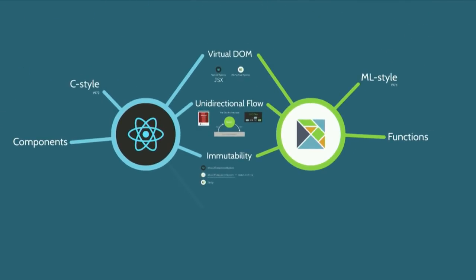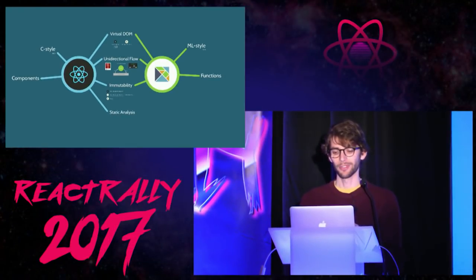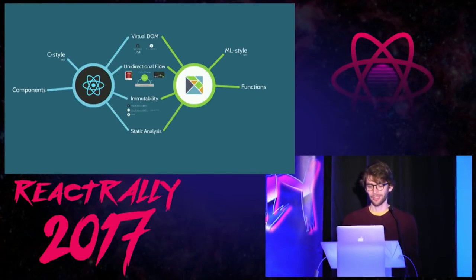Another thing that React and Elm have in common, and one of the more controversial things, is static analysis. When I use that term, I mean, how can computers look at your code and give you helpful, timely hints that help make your code better and don't waste your time?